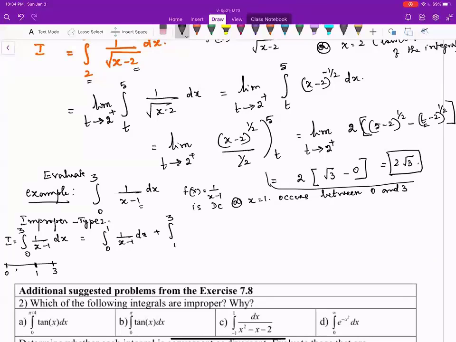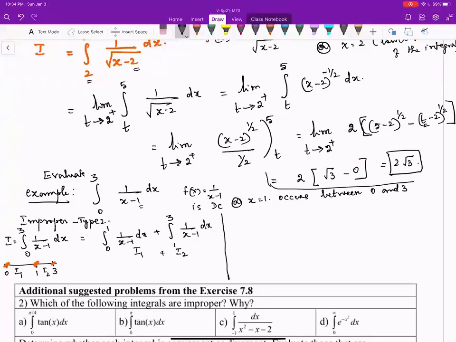So you are splitting the integral into two parts, one from 0 to 1, the other one from 1 to 3, 1 over x minus 1 dx. I call them I1 plus I2.